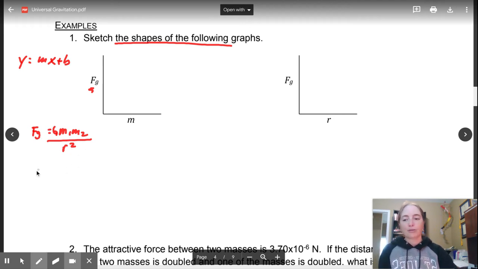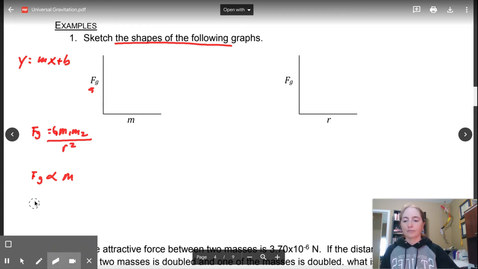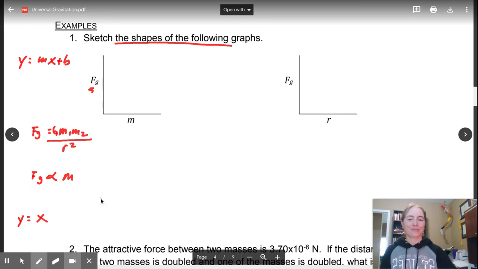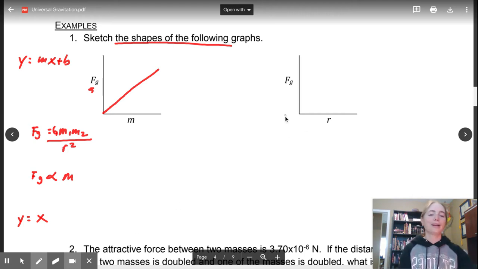Pick one mass, doesn't matter which one. Take everything else, make it 1, and add a proportionate sign. So Fg is proportionate to the mass. So when we look at this, Fg is directly proportionate to the mass. So as one increases, the other increases. Okay, so this is similar to that graph pattern we were talking about earlier, where y equals x. So you are going to draw a straight line like that. Cool? Cool.